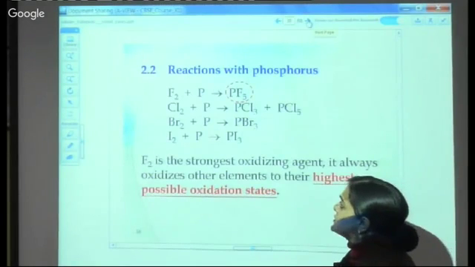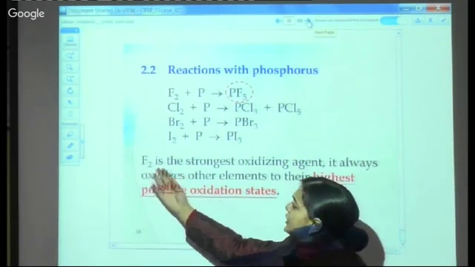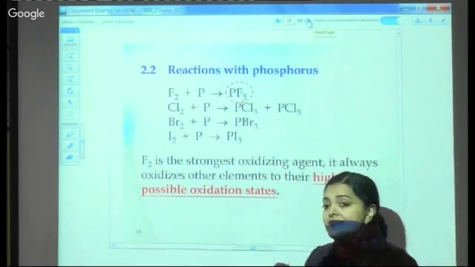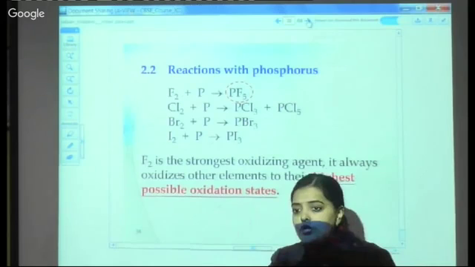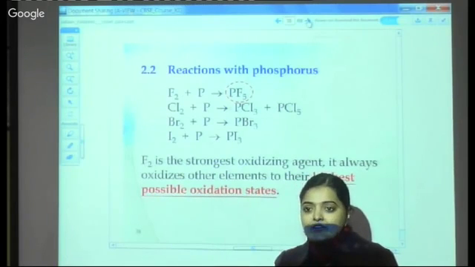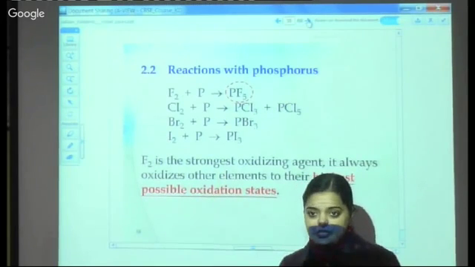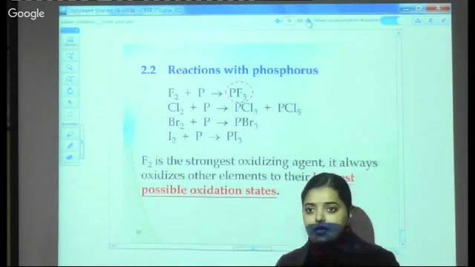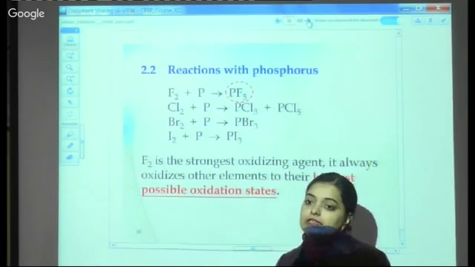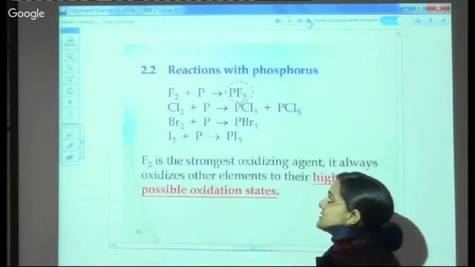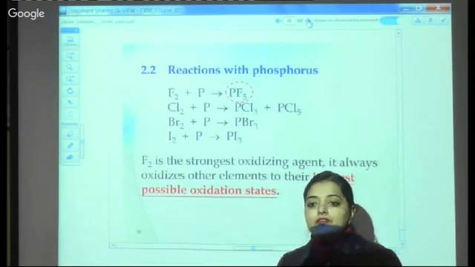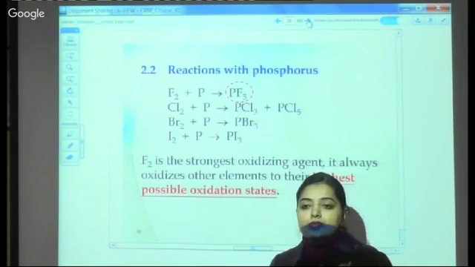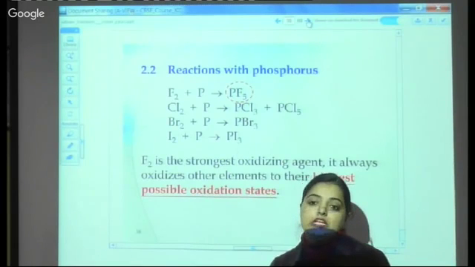Reaction with phosphorus: the fluorine molecule is the strongest oxidizing agent. If something is a good oxidizing agent, it will oxidize the other compound it is reacting with to the maximum oxidation state. Phosphorus has oxidation states of +3 and +5, which we have studied in the nitrogen family.